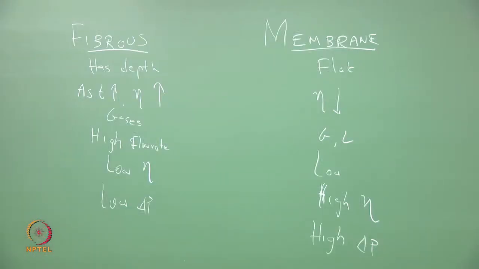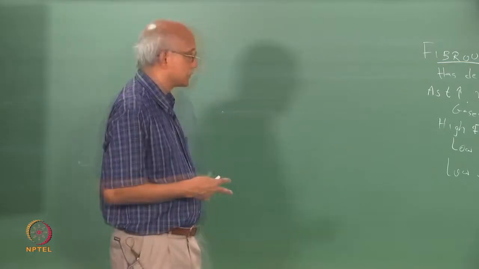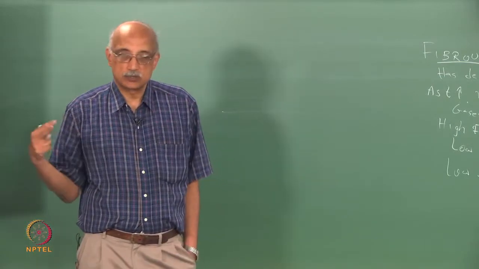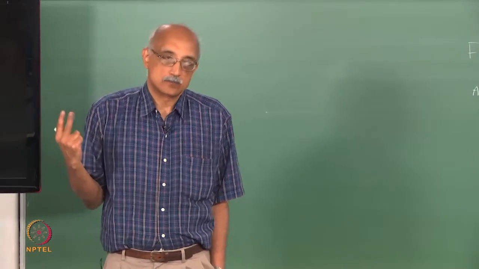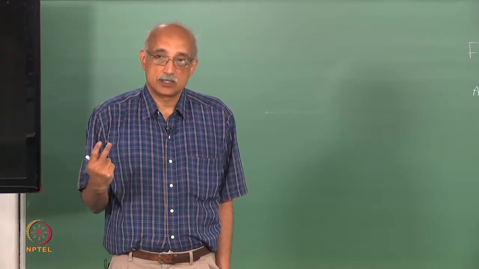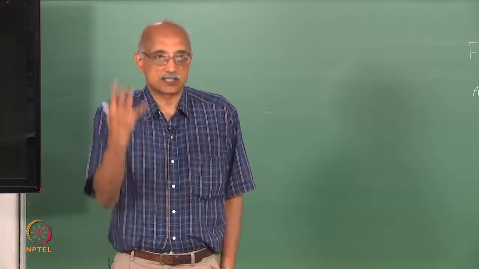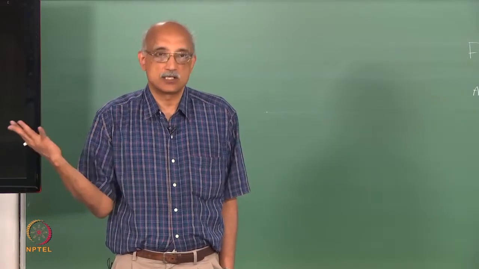I mentioned that there are two purposes, analysis and purification. Can a fibrous filter be used for both purposes or only for one? You cannot use it for analysis, right, because it's a fibrous mess, and once a particle goes in there you cannot see it anymore.